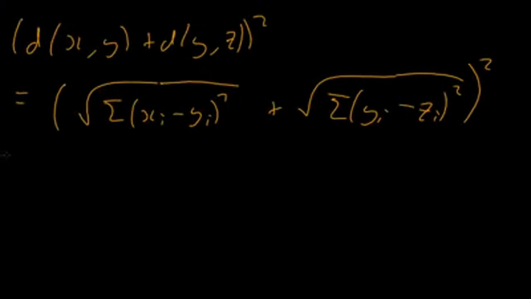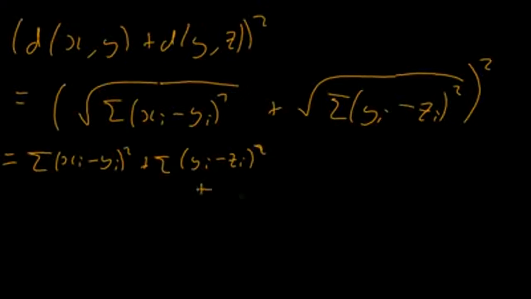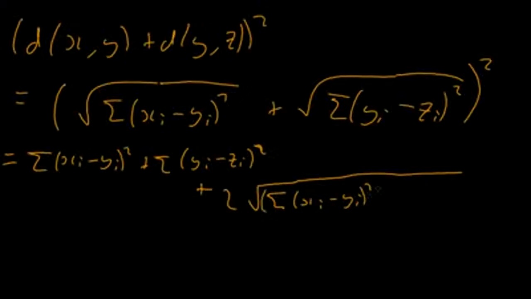If we expand these brackets, I have to write very small here, I'll just do the algebra. Each root squared gives us one of these, and again on the other side, plus 2 times the root of the sum of xi minus yi squared times the root of the sum of yi minus zi squared.